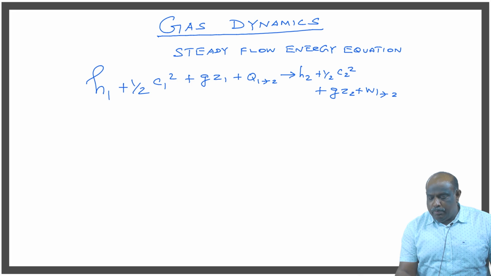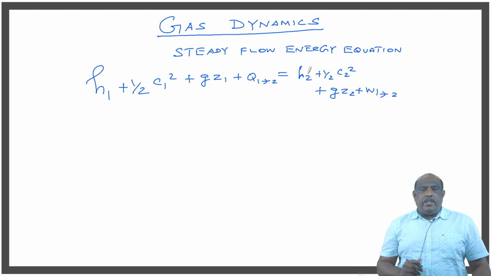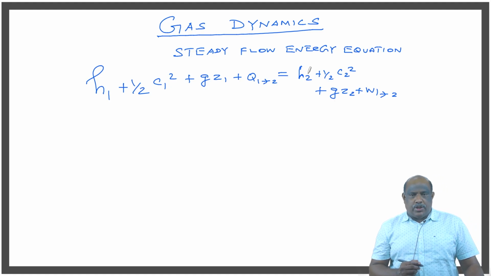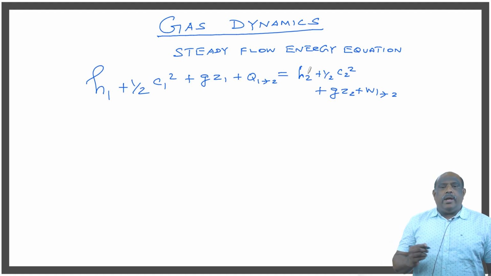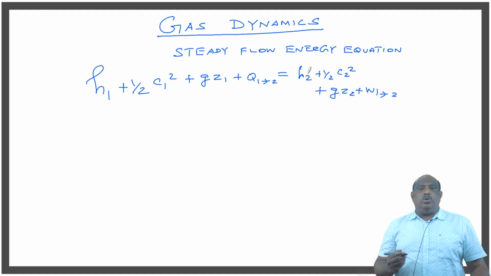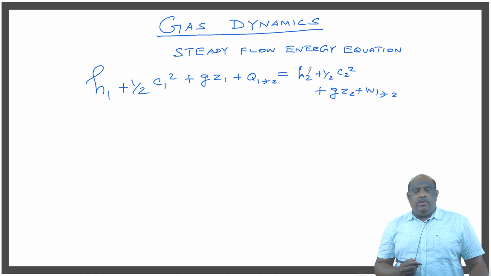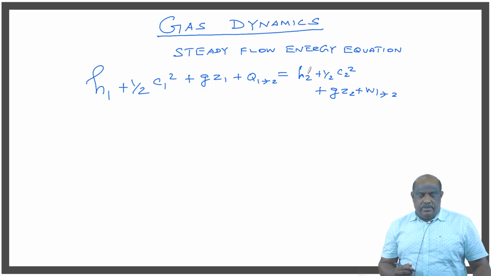This particular equation is known as the steady flow energy equation, which has been arrived from the first law of thermodynamics applicable for an open system, which says that Q equals W plus delta E. To get more information about this steady flow equation, you can go through the previous video which we have already provided. For this section, we will proceed further with stagnation states and stagnation enthalpy.